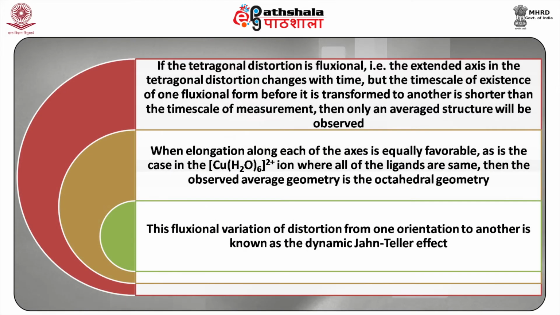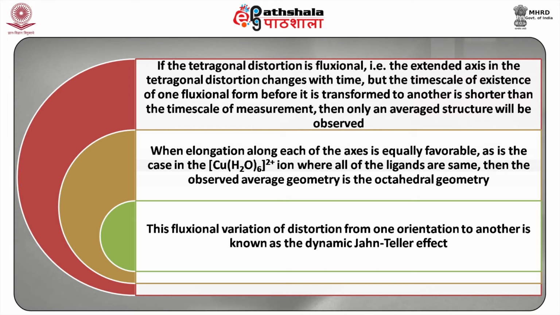If the tetragonal distortion is fluxional, that is, the extended axis in the tetragonal distortion changes with time, but the time scale of existence of one fluxional form before it is transformed to another is shorter than the time scale of measurement, only an average structure will be observed.